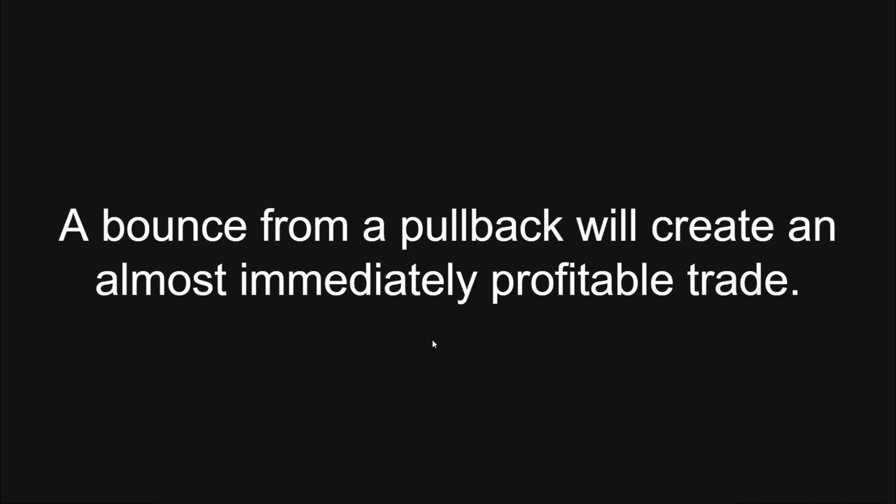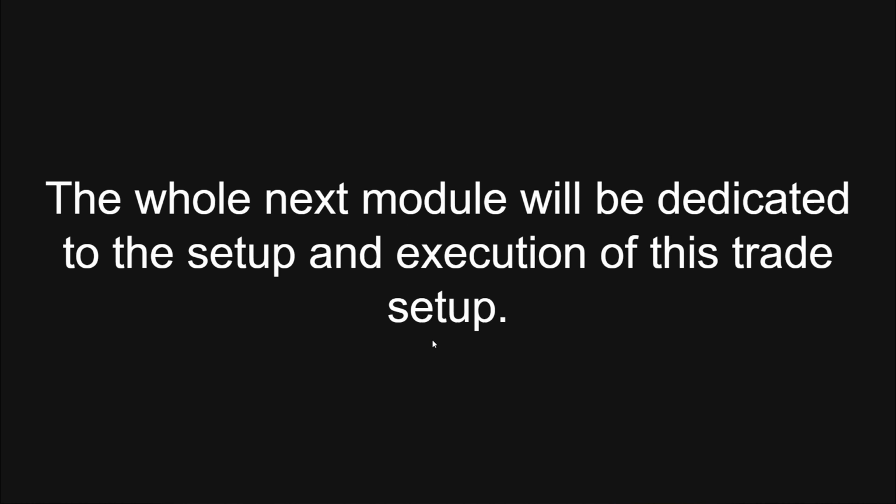A bounce from a pullback will create an almost immediately profitable trade as the implied volatility just crushes out of that and the long delta trade starts to work to the upside. So this option will start to melt immediately, not including even the time value element of it.